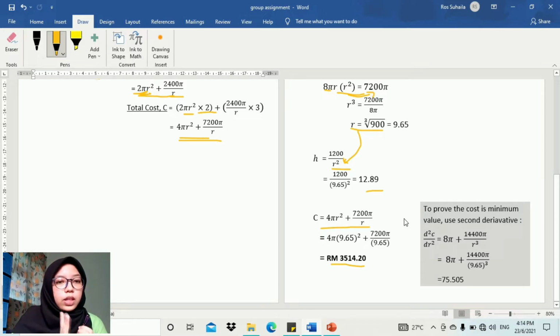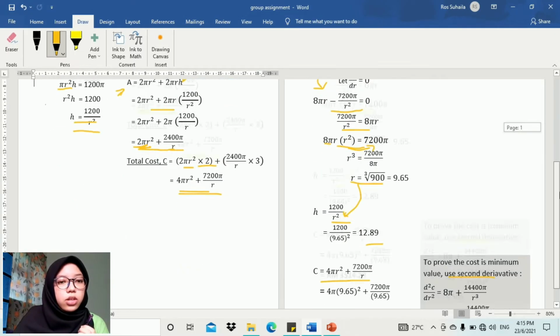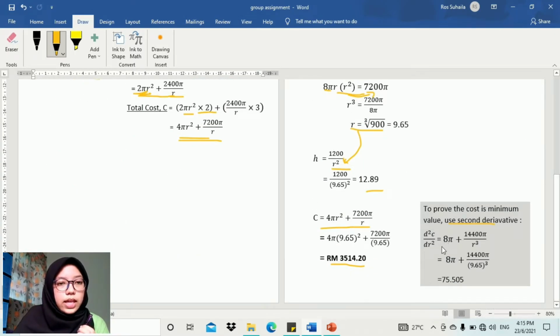But we must prove the cost is a minimum value. So we use the second derivative. So this is the first derivative. So we must get the second derivative. So it is equal to 8 pi plus 14,400 pi per r³.